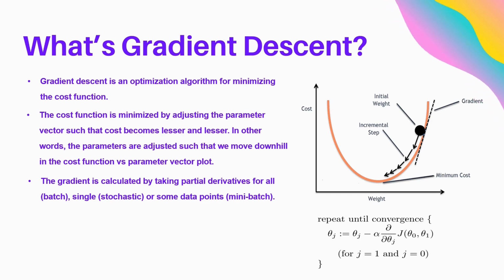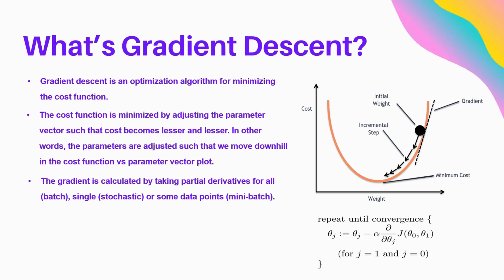We need to minimize the cost function by adjusting the parameters such that the cost function becomes lesser and lesser. How do we adjust the parameters? Once we have calculated the gradient based on the different methods, either batch gradient, stochastic gradient or mini batch gradient descent, we multiply the value of the gradient with the learning step. Here on the plot it is shown as the incremental step.